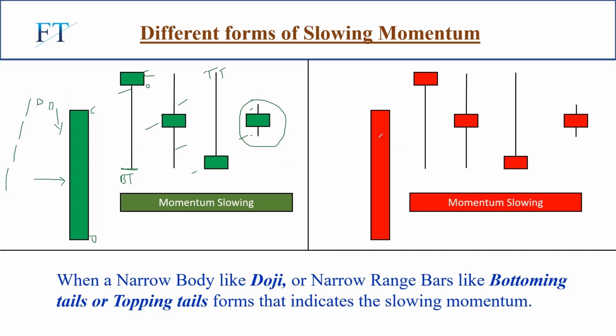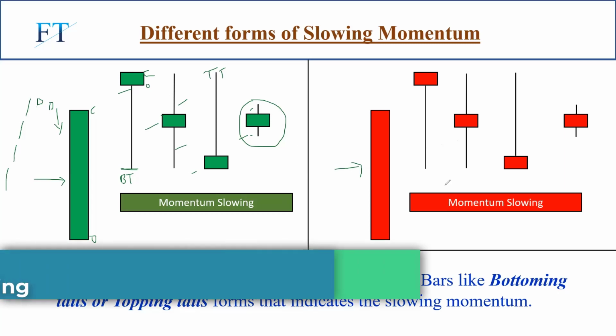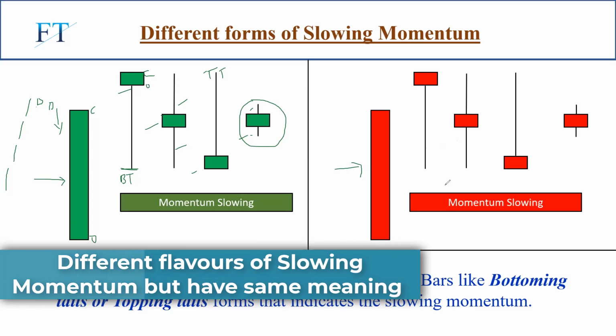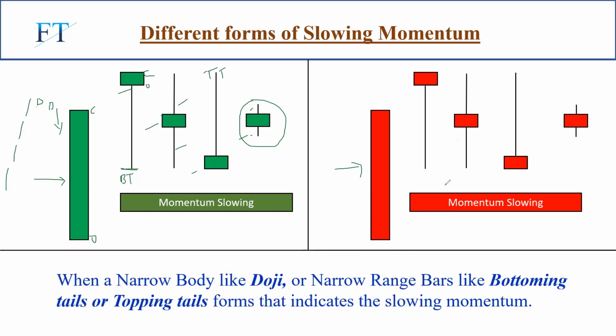The same message applies to the red bar here, the wide range bar. So we again start with the wide range bar, and we have the same kind of messages. Now I'm showing you both sides of the candlesticks here, the bullish side and the bearish side, because they can come in different formations with different psychology, with different flavors.